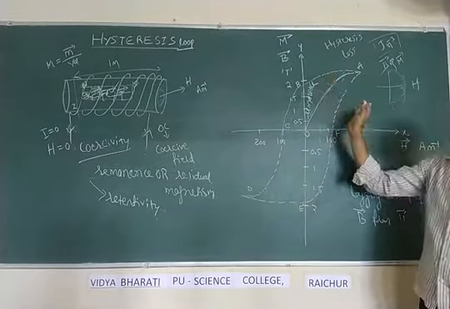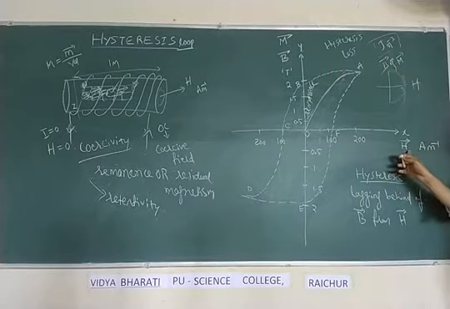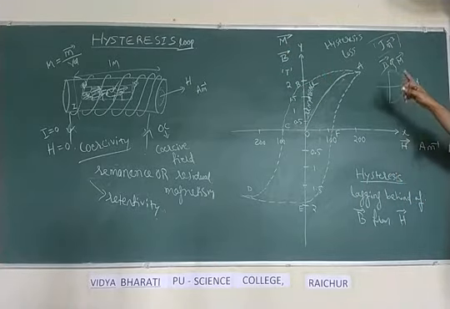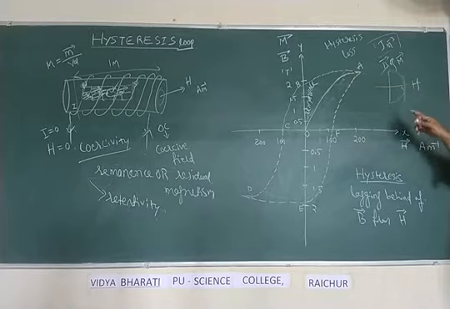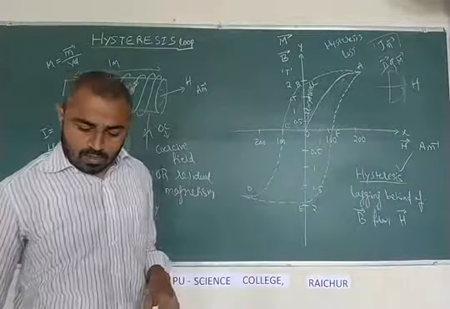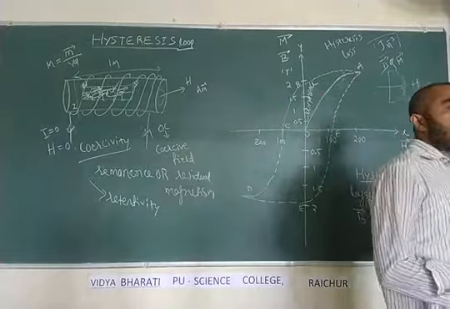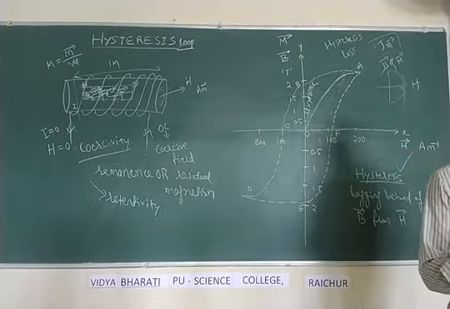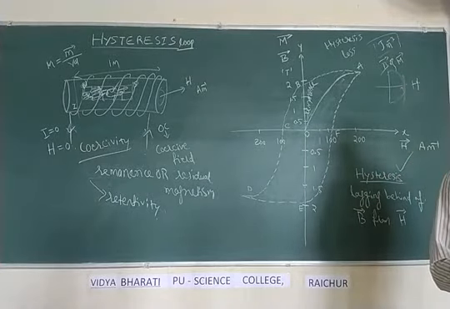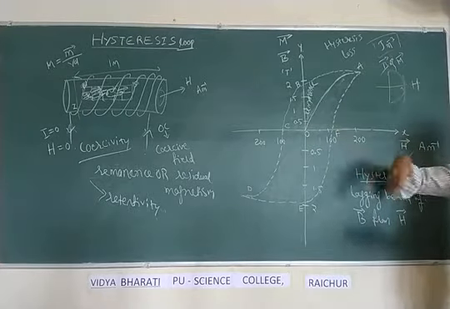That lagging behind of the B or M vector from H, whenever a ferromagnetic metal is subjected to one complete cycle of magnetization, is called hysteresis. It does not remember its history, what it was. That's hysteresis. All the time it follows a different path.